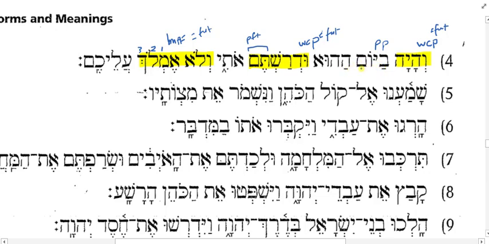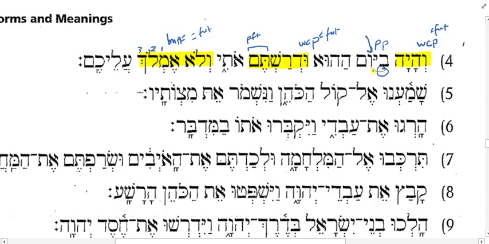hahu. So how would I translate that? Bayom hahu? On that day, or in that day, okay? It's literally in the day that. Remember, we have a hey that's been swallowed up by the preposition bet here. How do I know? Because I've got a dagesh forte in the yod, and I've got a pathak under the bet.